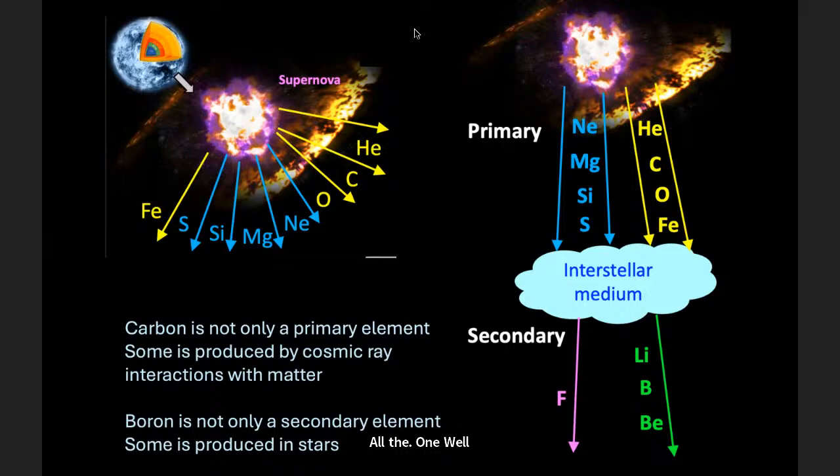But what we know is that when these particles travel through the universe, they have reactions with matter they encounter in the interstellar medium, and then they produce the other elements. So we call these primary elements, and we call these secondary elements.